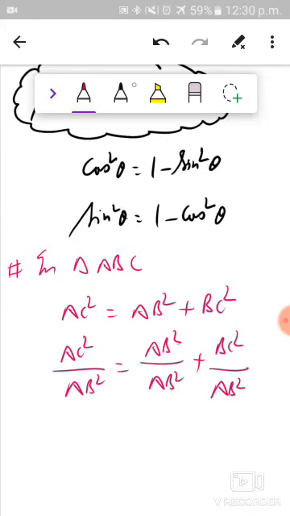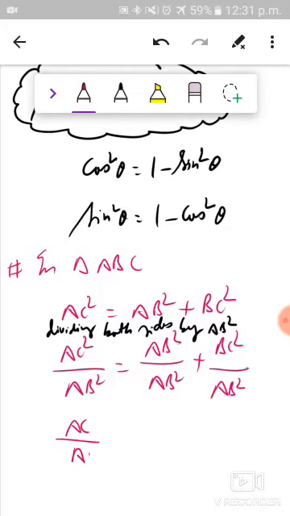Okay, right? And here I'll write dividing both sides by AB square. So what we'll get? This we can write as AC by AB whole square.